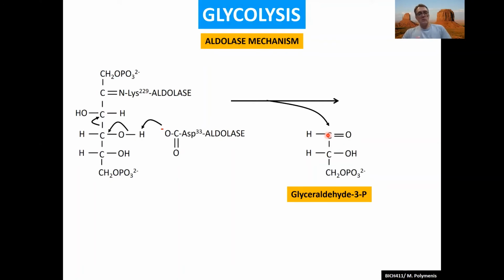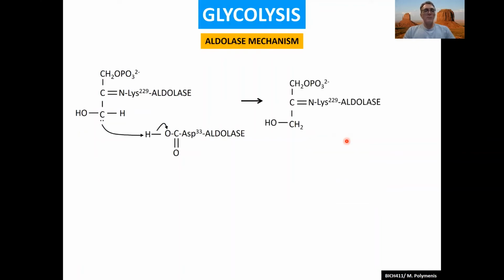Even though it's only 3 carbons, it's got an oxygen on every carbon, so there are hydroxycarbons, this one and this one. Of course, this one is phosphorylated because it needs to stay inside the cell, and the terminal carbon here is a carbonyl, so it's an aldose. Then what happens with the rest that stays there?